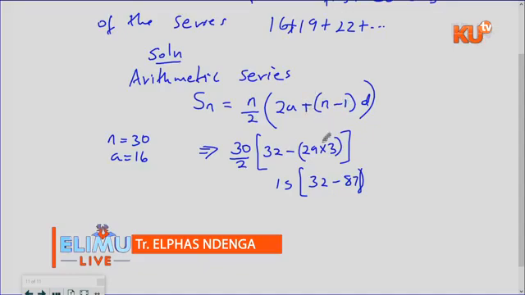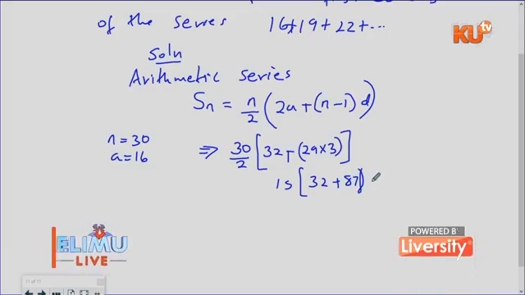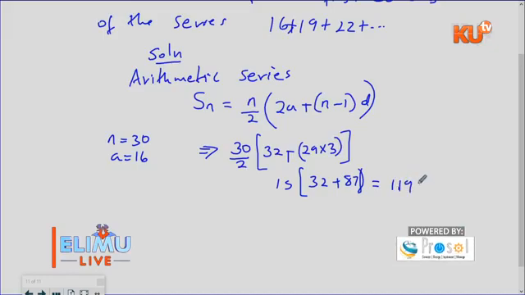The minus is in the bracket, so this is plus. If you add 87 plus 32, it should give you 119 times 15, 1,785. Good. That is the sum of 30 terms in this sequence.